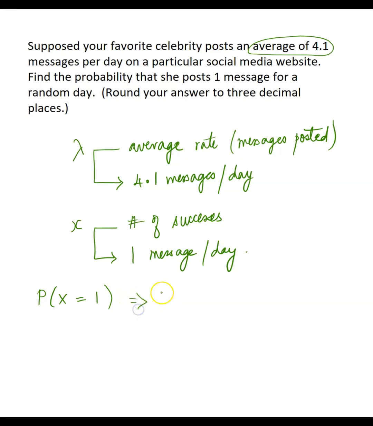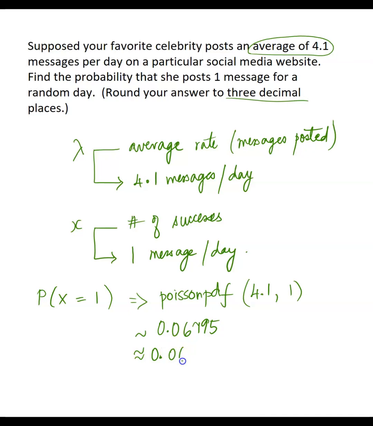So this is kind of easy, where you just use Poisson PDF. For lambda, you enter 4.1, and for x, you enter 1. Hit enter, and this is what you get. It starts with 0.06795, etc. But remember, we have to round it to 3 decimal places: 0.068.